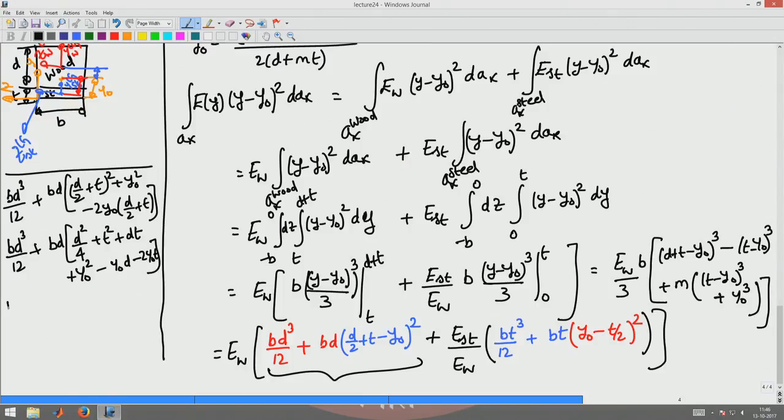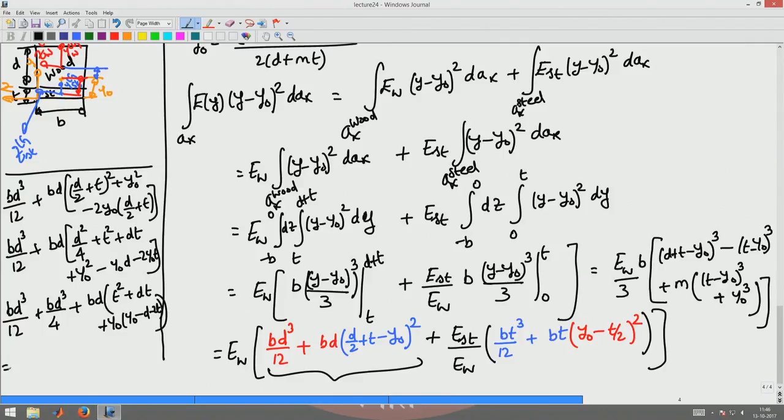So, this is nothing but bd³/12 + bd³/4 + bd(t² + dt) + y₀(y₀ − d − 2t).